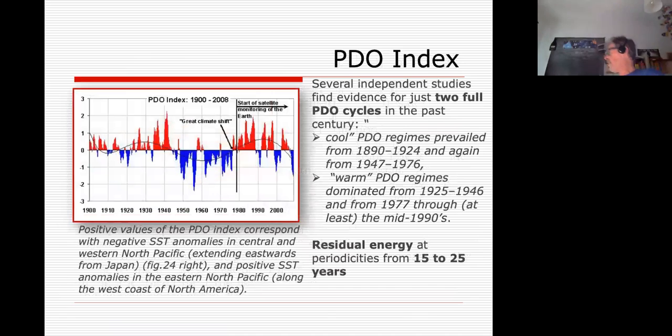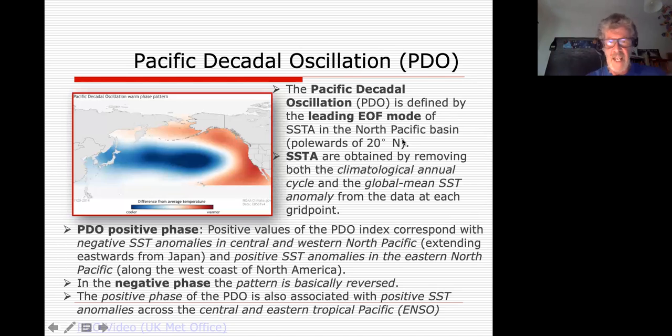Again, a natural way to represent such kind of evolution is, as I told you, the leading EOF mode, and you may remember when you make an EOF analysis, you pick the most significant, which is the first EOF, and the first EOF mode explains a good part of the variability at this long scale.